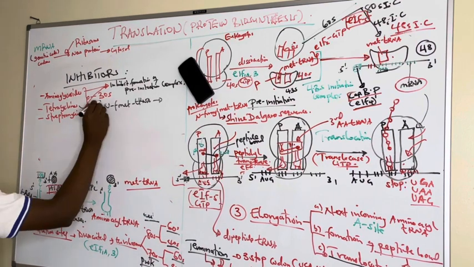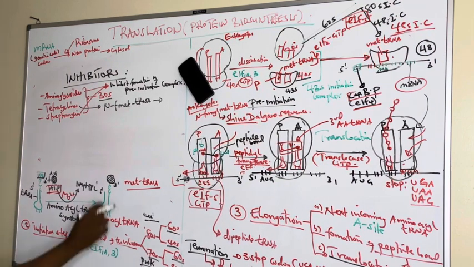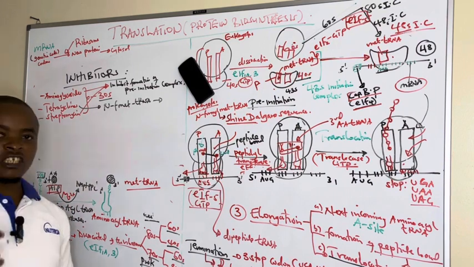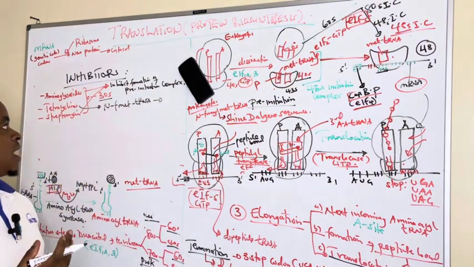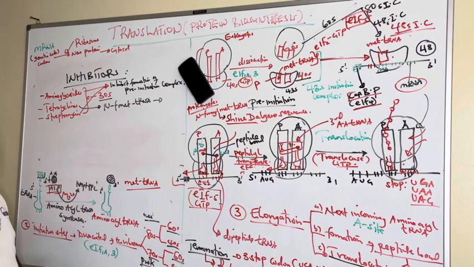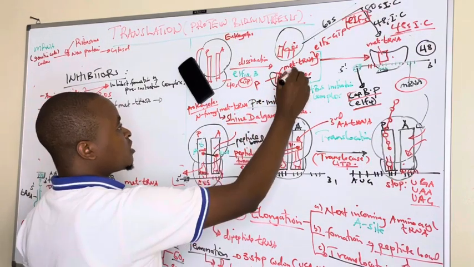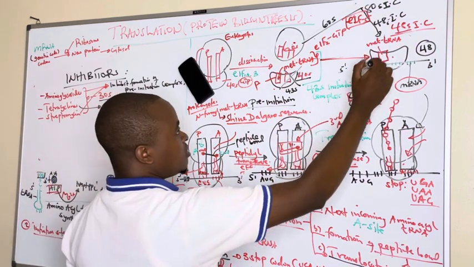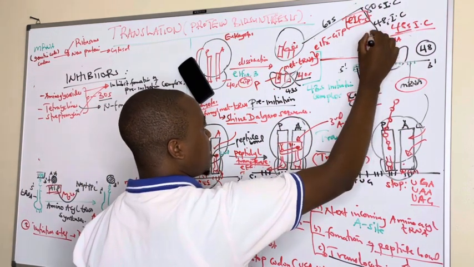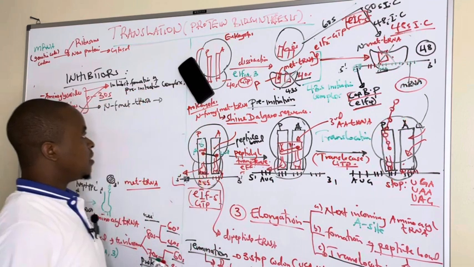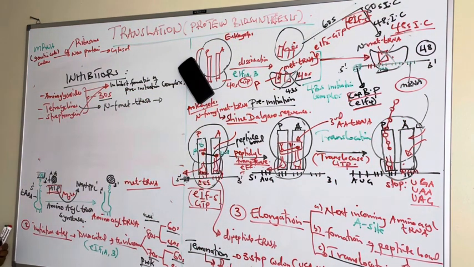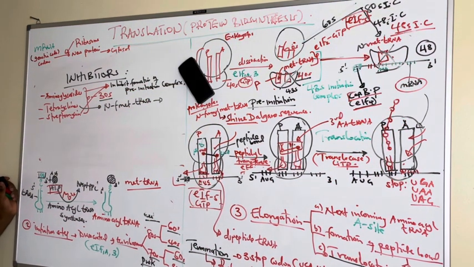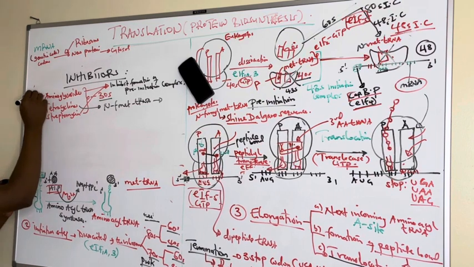So they bind to the 30S ribosome subunit, preventing the initiation step, whereby some stop the formation of this complex, and others prevent the binding of N-formyl Met into the P site, and thus inhibiting the translation. So these are drugs.